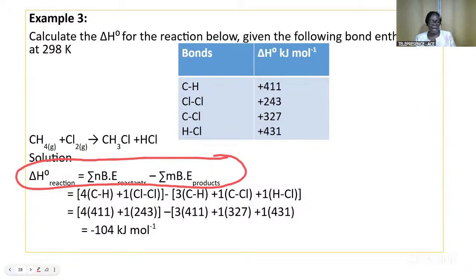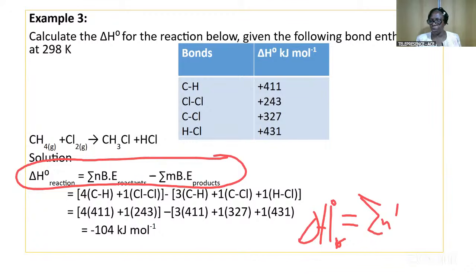When you are using delta H of reaction based on delta H of formation of the reactants and the products, it's going to be the summation of all the enthalpies of formation for the products minus that of the reactants. That is how it goes.